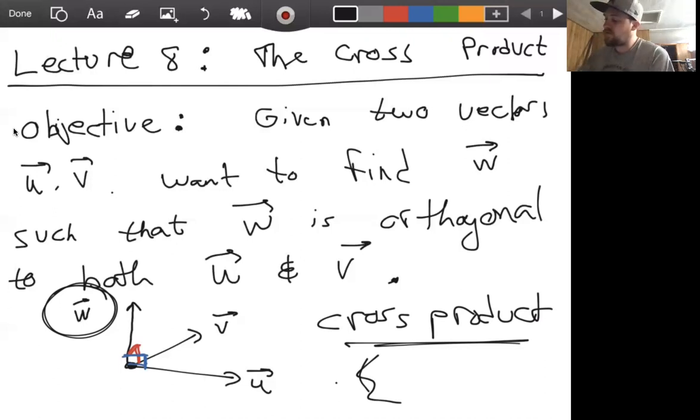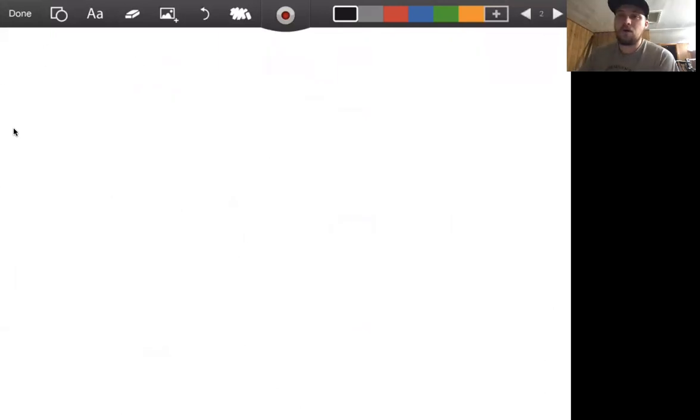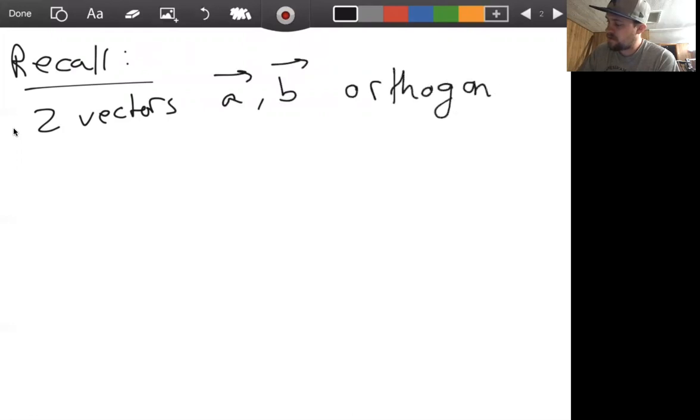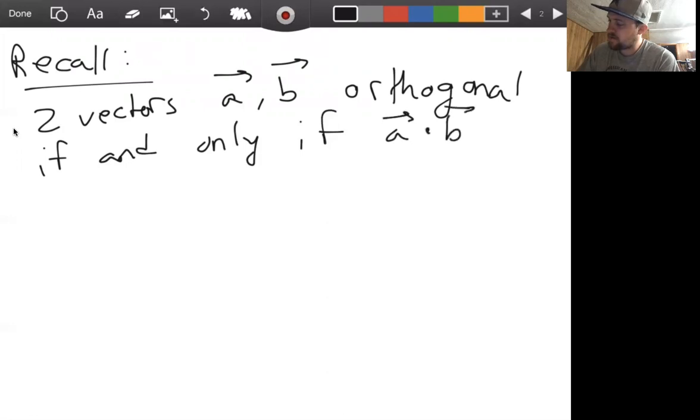So what does it mean for two vectors to be orthogonal? If you'll recall, after we introduced the dot product, we learned the following theorem. Two vectors, let's say a and b, are orthogonal if and only if their dot product is equal to 0. And we can use this to our advantage.